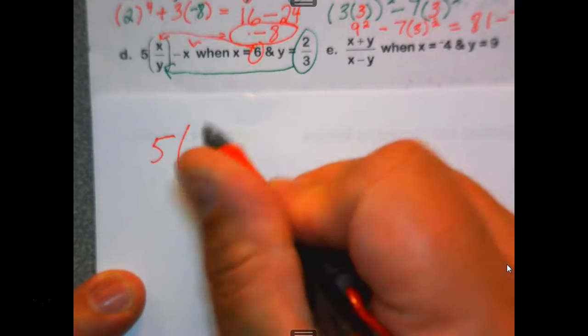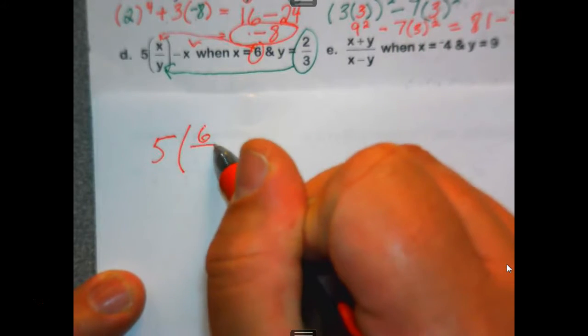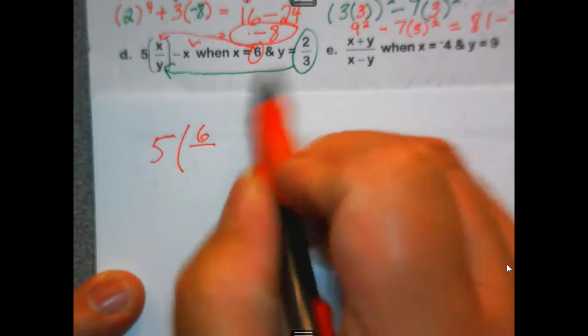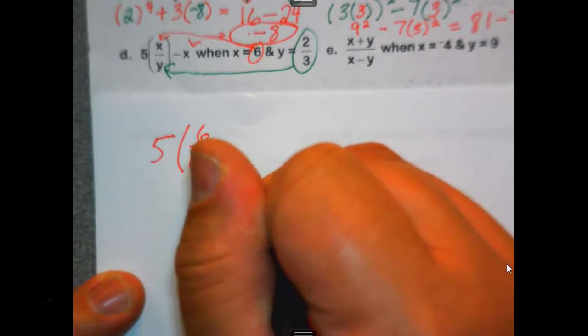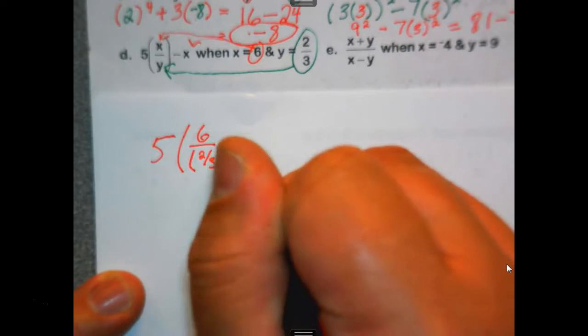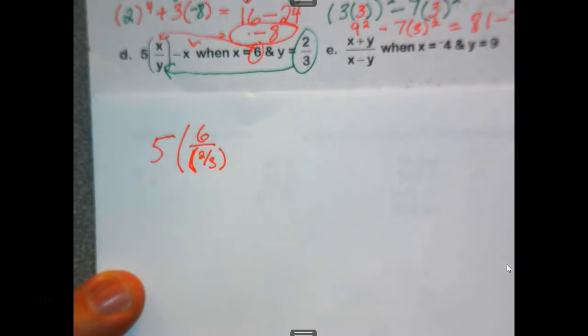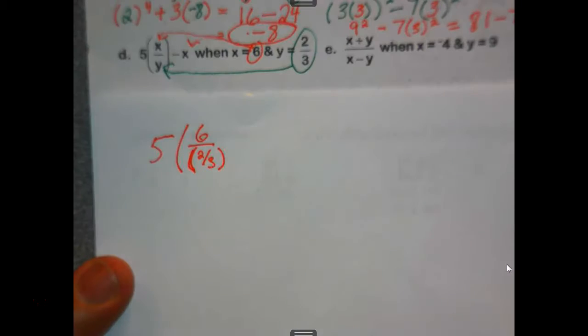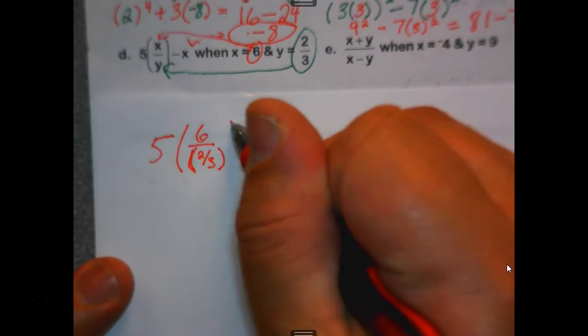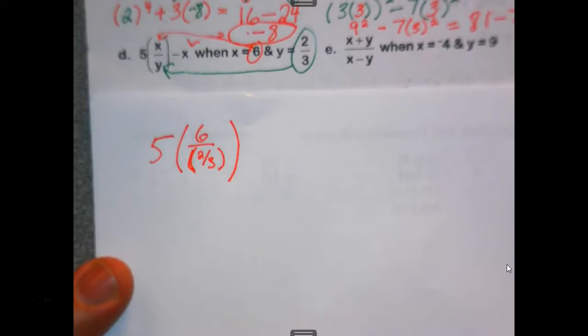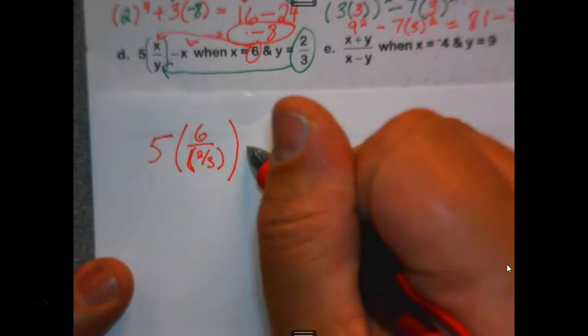My x is 6 divided by y, which is 2/3, and I'm going to put my y in parentheses because I don't want to screw it up in my calculator. Fractions get parentheses. And minus x, which is 6.